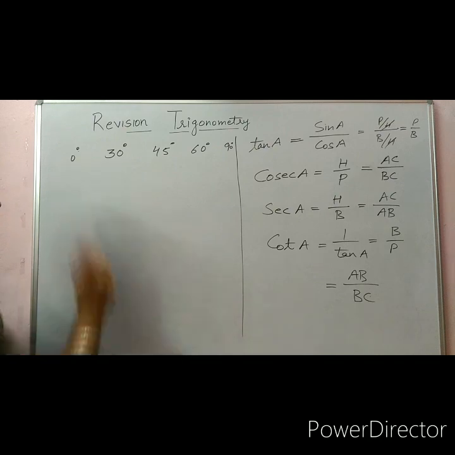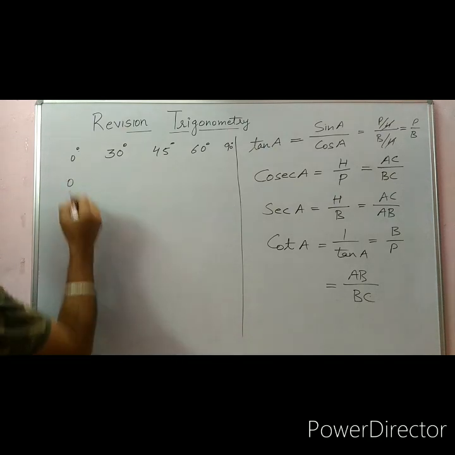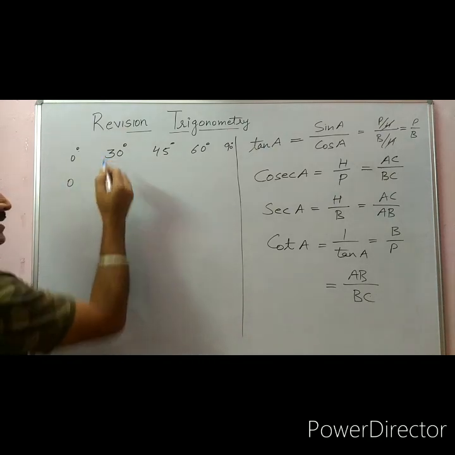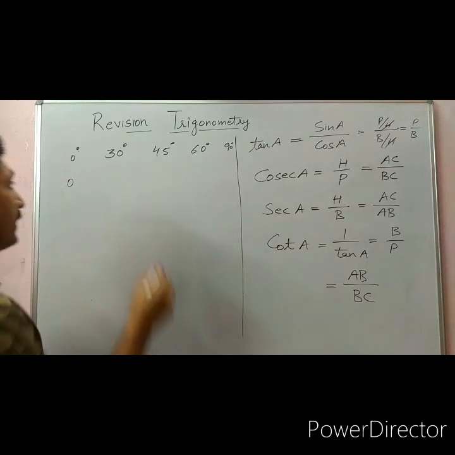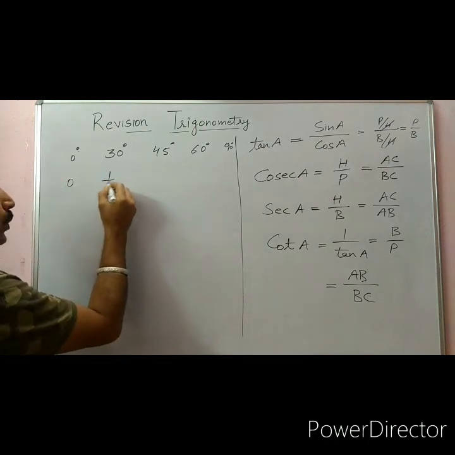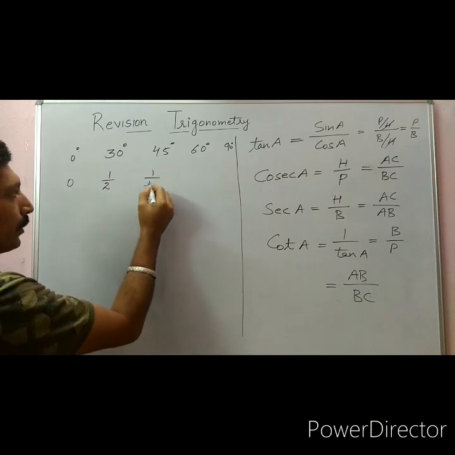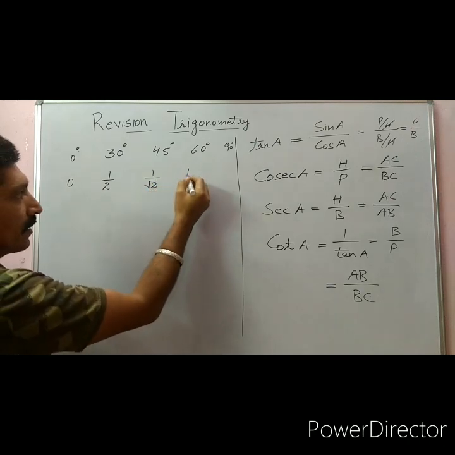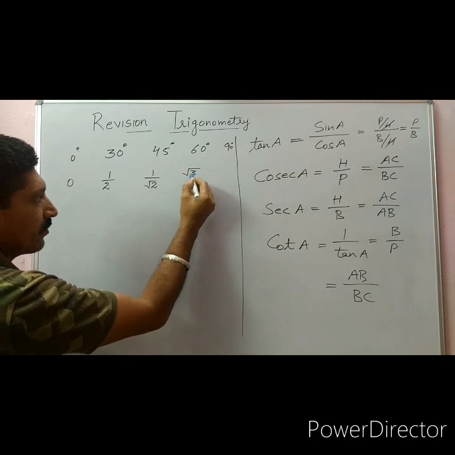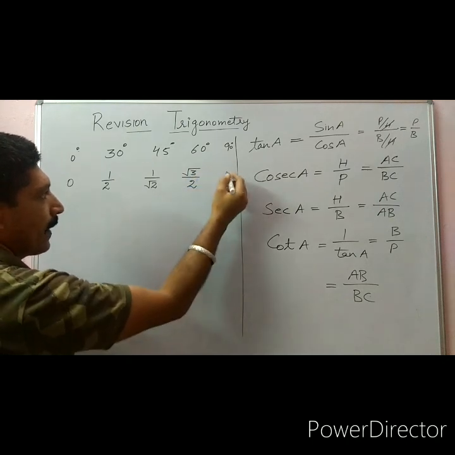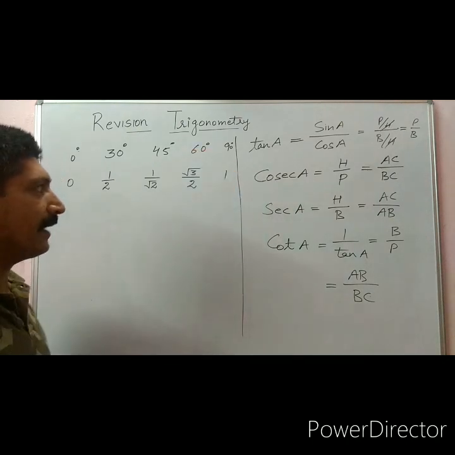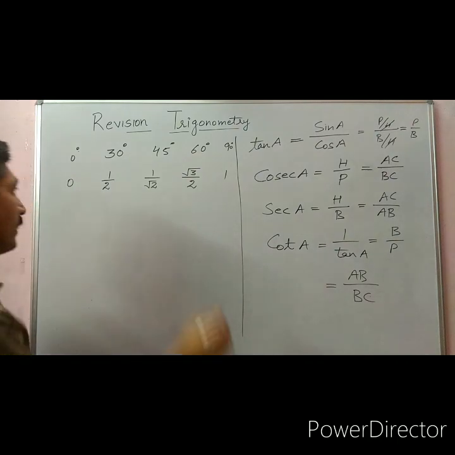Sine of 0 is 0. Sine of 30 degree is 1 by 2. Sine of 45 is 1 by under root 2. Sine of 60 is under root 3 by 2. And sine of 90 is 1.